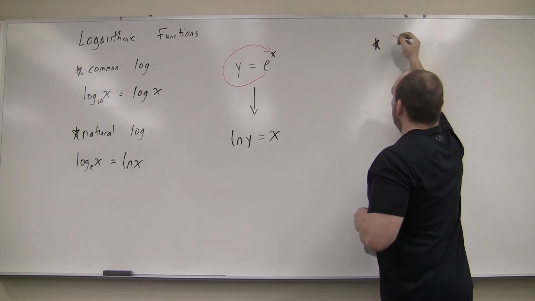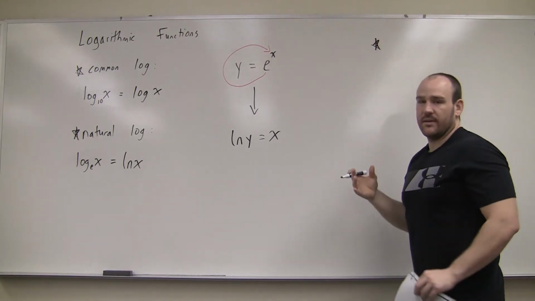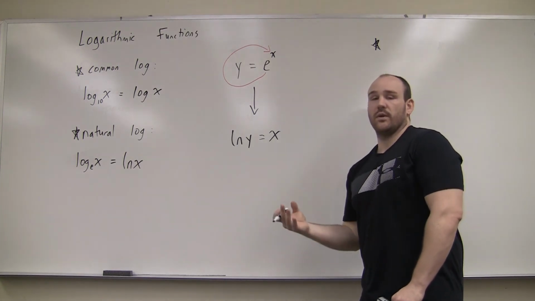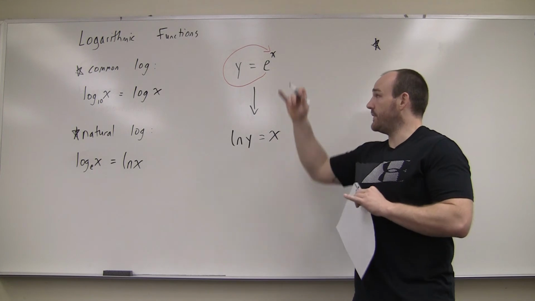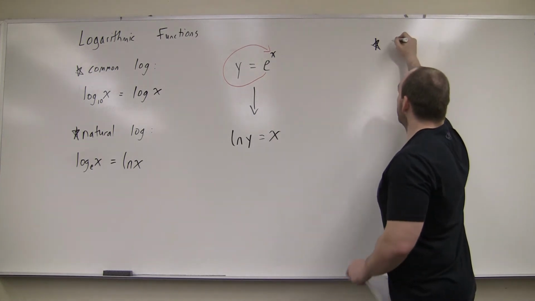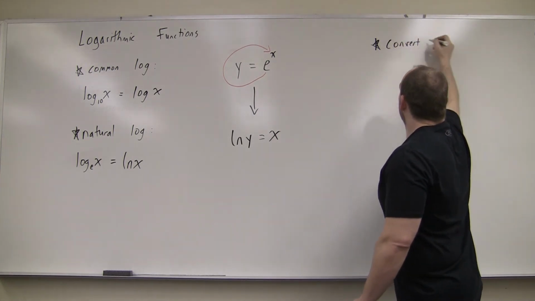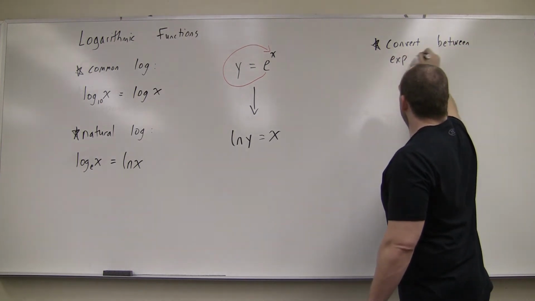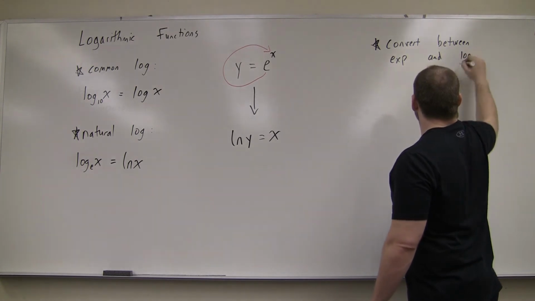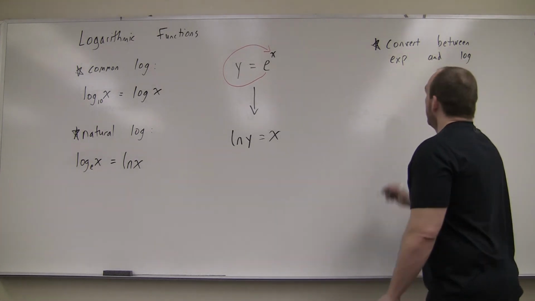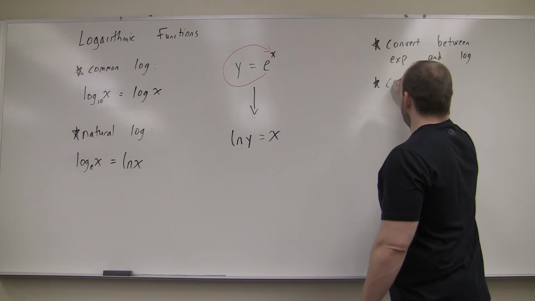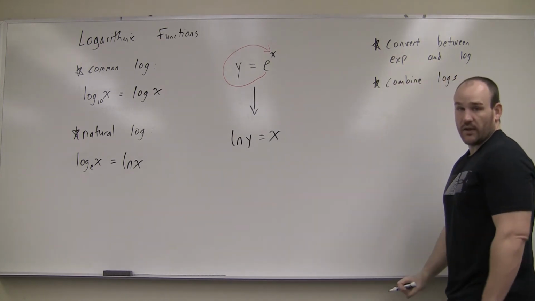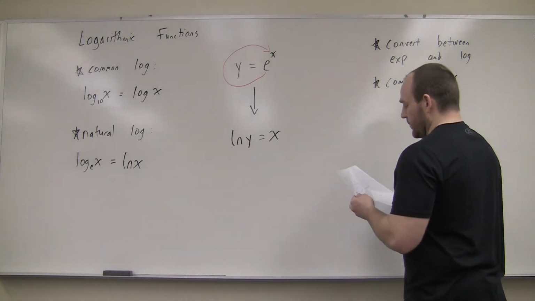Whenever we're solving, we want to be able to convert between exponential and logarithmic. That's how we're going to solve a lot of them. And we also need to be able to combine logarithms. How we combine is using our rules.